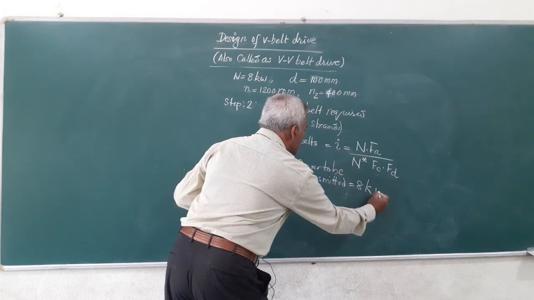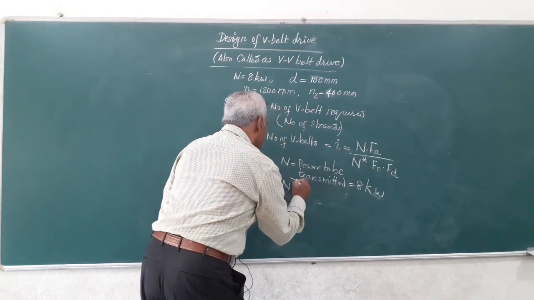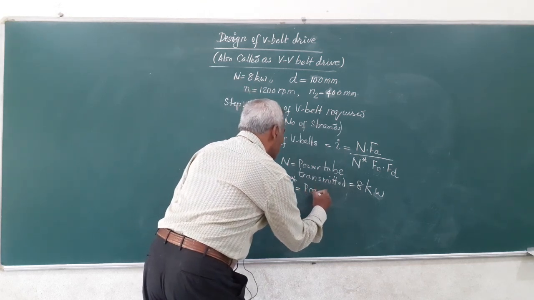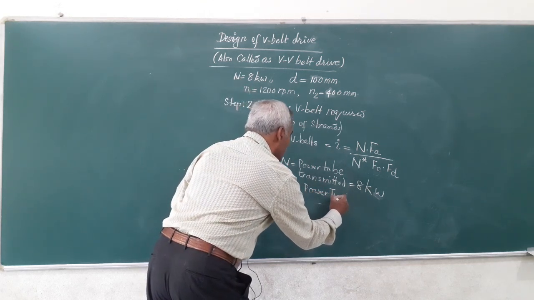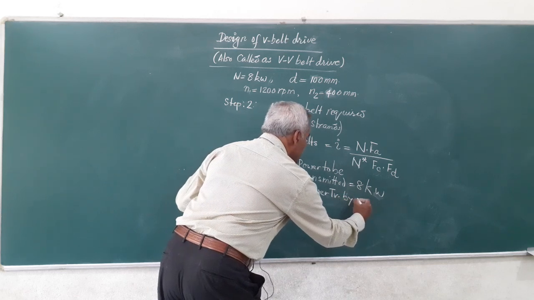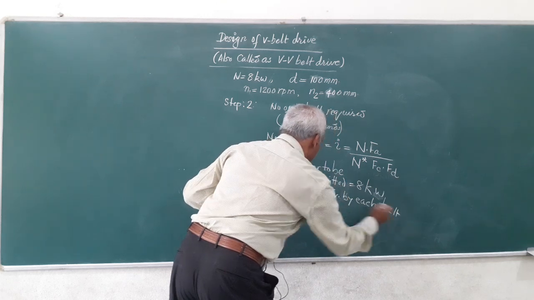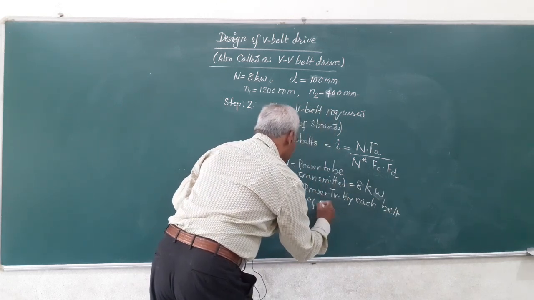And here this term N star is the power transmitted by each belt of B section, of B cross section.